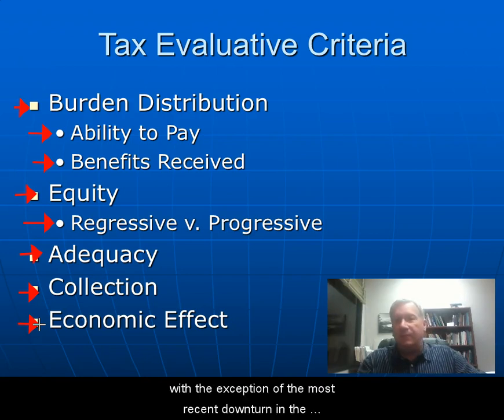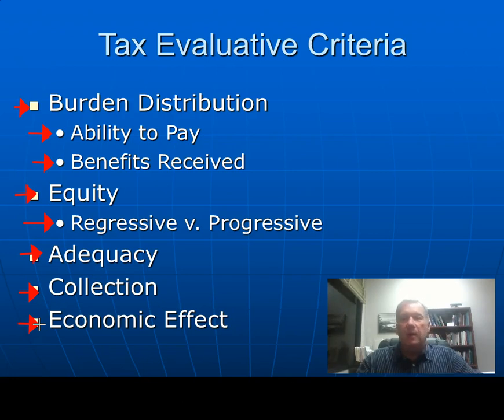Historically, with the exception of the most recent downturn in the housing market that has now turned around in the past couple of years, the property tax is relatively well insulated from economic fluctuations. The property tax tends to be a very stable source of revenue. Governments can count upon it. Governments can predict future revenue amounts pretty well with the property tax.